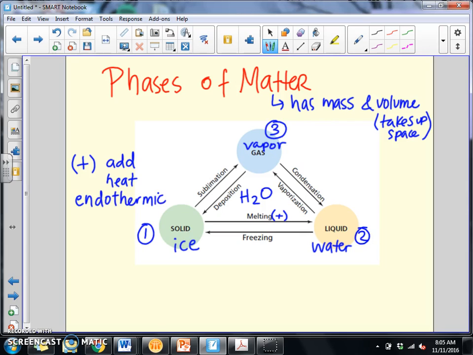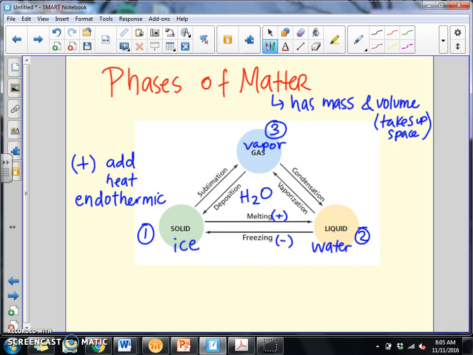When liquid water becomes ice, it's freezing. And when you're freezing, you're not putting heat into it. You are taking heat out of the liquid in order for it to become a solid. So I'm going to put a little negative sign here.